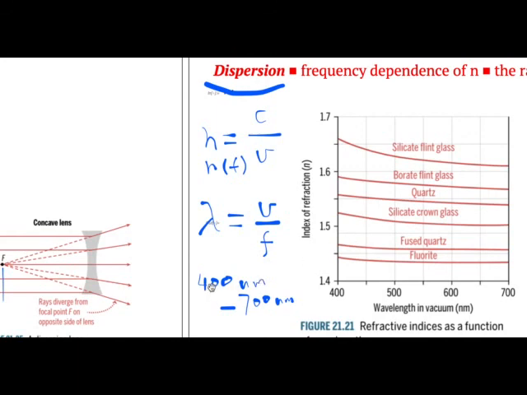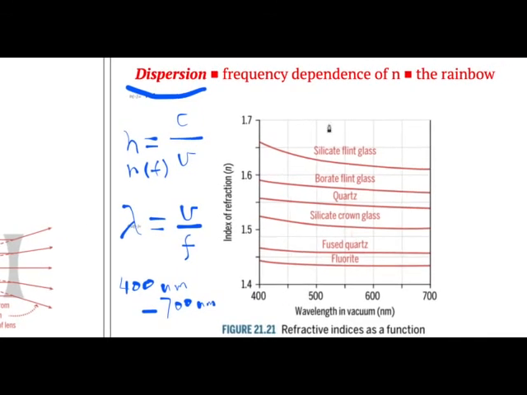So white light passing through a prism separates, when it comes out of the prism, into the colors. And of course, it's not only for glass, it's also for water. Water has a frequency dependence, or equivalently a wavelength dependence, of the index of refraction. And that's how a rainbow is formed.